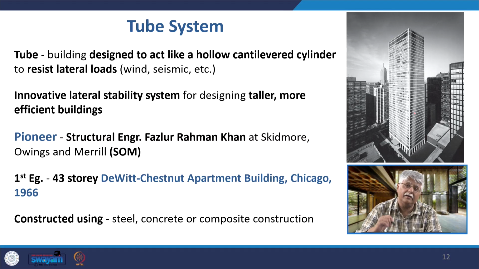The pioneer again was civil engineer Fazlur Khan of Skidmore, Owings and Merrill, and he designed the 43-story Dewitt-Chestnut apartment building in Chicago in 1966 to highlight the principle of the tube system. It was constructed using steel and concrete, a composite construction.